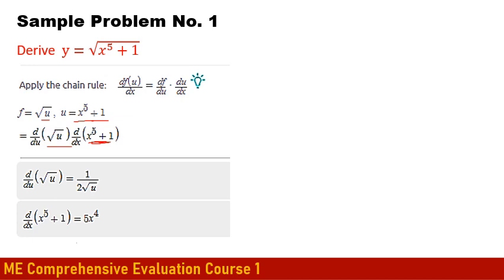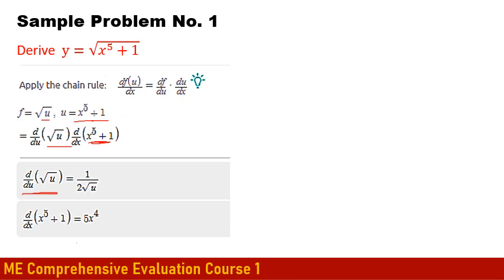So we can then differentiate each of these quantities separately and multiply them. For d over du of the square root of u, in our formula, it is equal to 1 over 2 square root of u. So therefore, we can already have the first part of our chain rule.